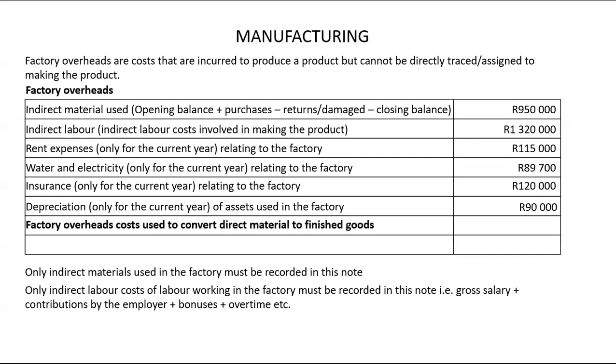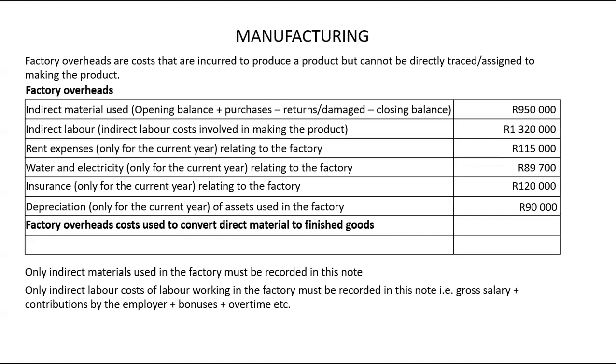Sometimes they will tell you that, like I spoke about milk spillage, which happened for raw materials. That will be added here as a loss due to spillage or damage. So loss due to damage or loss due to theft, all of them will be included here as an expense in the factory overhead account, because it is a cost, it's an expense that the business incurred in manufacturing a product, but they are indirect, they cannot be assigned to the cost of the product.